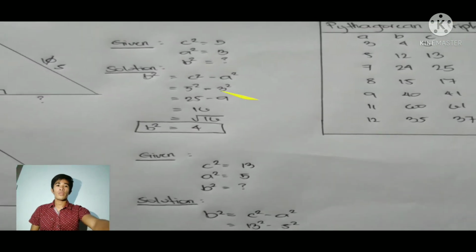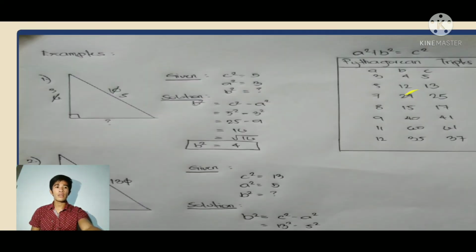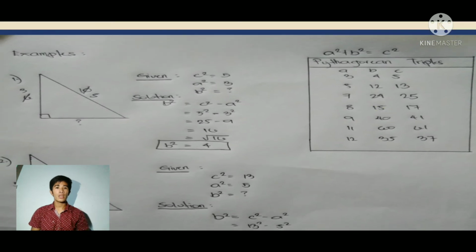So, for the example, number 1. So, as you can see, 6 and 10 is the value of two sides. So, first, Pythagorean triples. So, let A and B and C. So, the under of A is 3, 5, 7, 8, 9, 11, and 12.